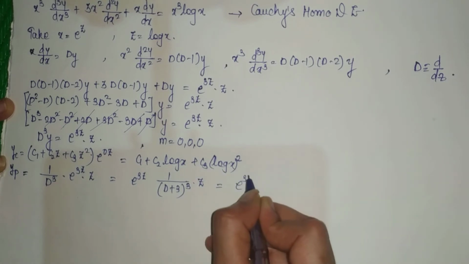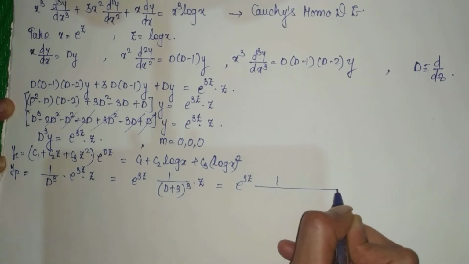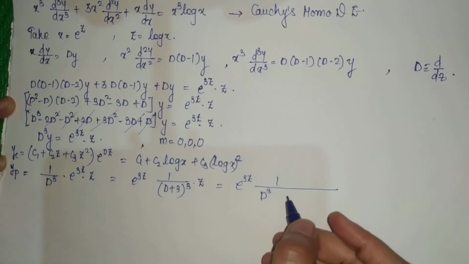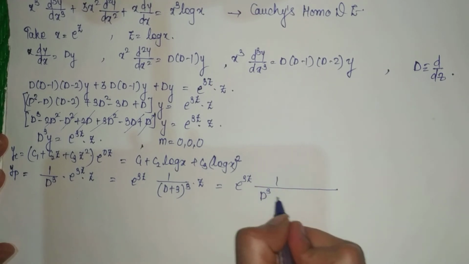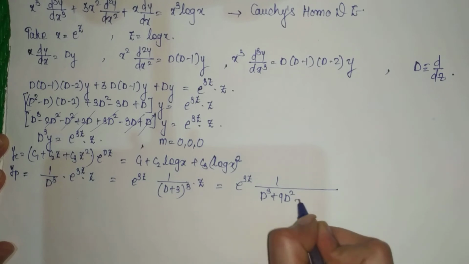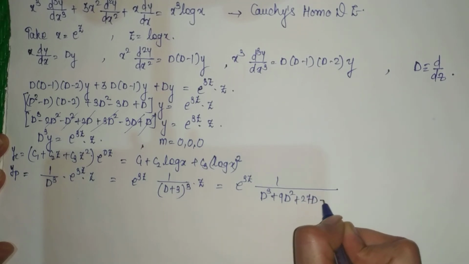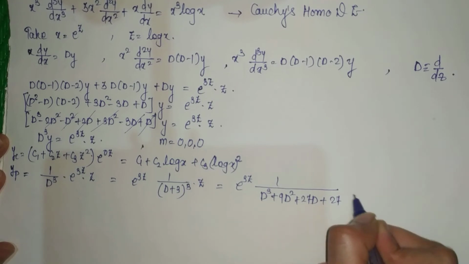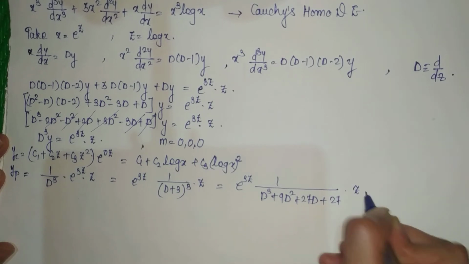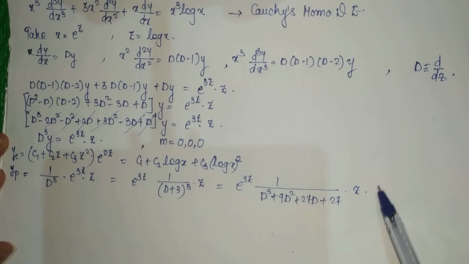So this is equivalent to, let us open it, D³ + 9D² + 27D + 27 for z. Okay, so now the right hand side function is z.